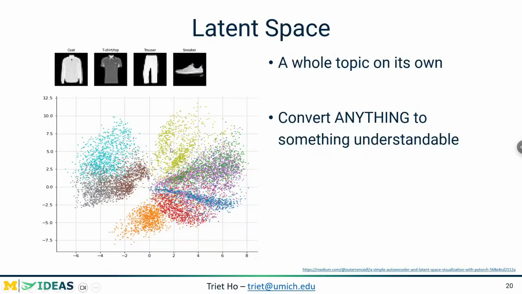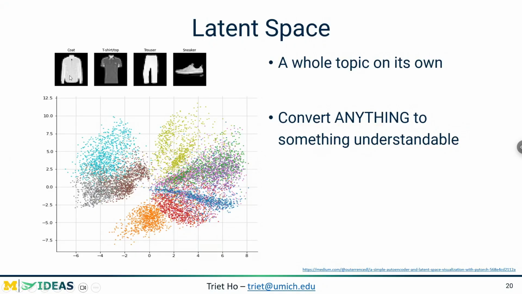So you reduce the dimension, but you still capture the important information of the data. Okay, so here's an example of the latent space. Here they capture some photos of some objects, and then they put them into the latent space, right? Latent space is a very big topic in its own right, and the next lecture is going to be on the variational autoencoder, which is a manipulation of the latent space.